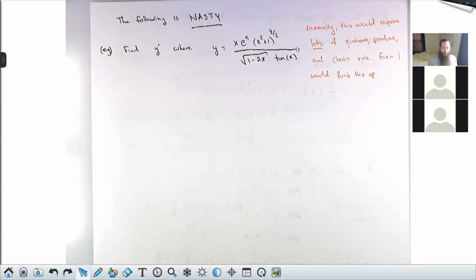Instead of attacking this directly, I'm going to take the natural log on both sides, and then I'm going to expand and differentiate each one of those pieces. Because the logarithm turns multiplication into addition and powers into constant multiples and division into subtraction, we can clean this up a lot by taking the natural log on both sides.